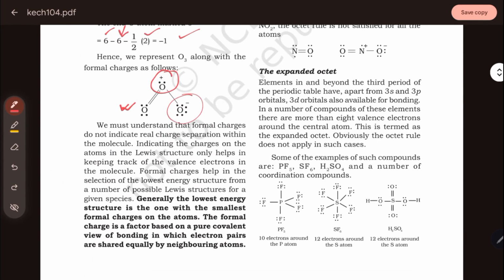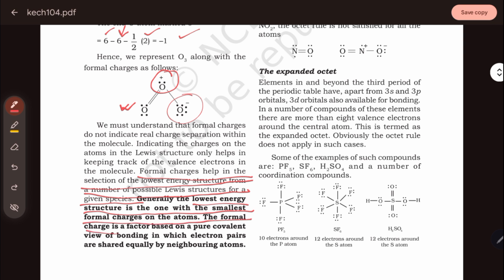Okay. So formal charge actually helps in the selection of the lowest energy structure from a number of possible Lewis structures. So if I have more than one possible Lewis structure, which is the lowest energy structure that we will get? How? Generally, the lowest energy structure is the one with the smallest formal charge on the atoms.